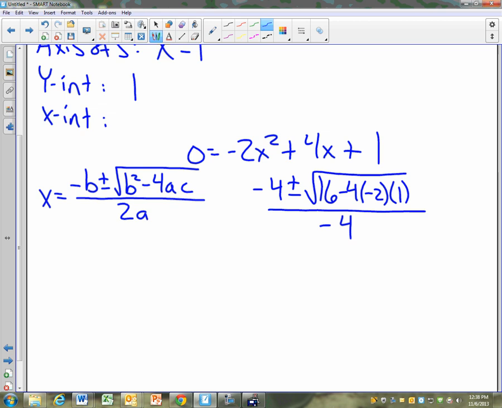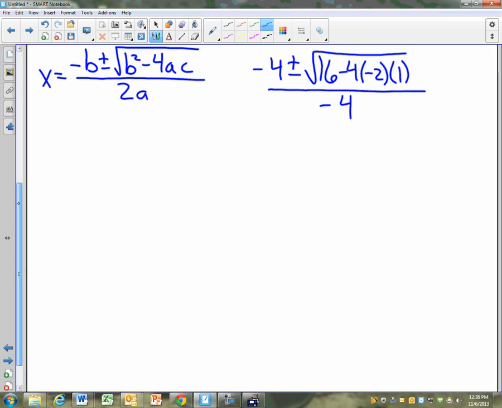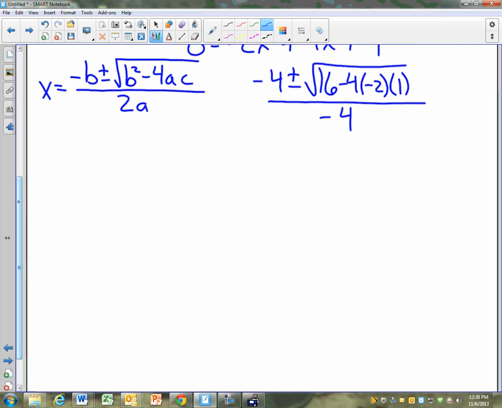The part underneath the square root is called the, starts with a D, rhymes with discriminant. Discriminant. So, we have -4 plus or minus. The discriminant tells us the nature of the solution. It discriminates between 2 real, 2 imaginary, or 1. So we've got the square root of 24.